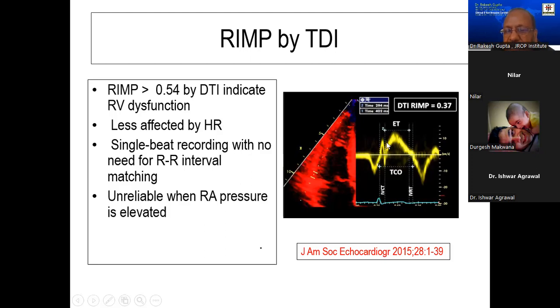And B is ejection time, when the pulmonary valve opens and closes. So we get TVCO as A time from this and B time from this ejection time. TVCO minus ET divided by ET will give you the right-sided performance index in this subset of population by tissue Doppler imaging. That was 0.42. This is 0.54 as normal to consider as prognostic significance.